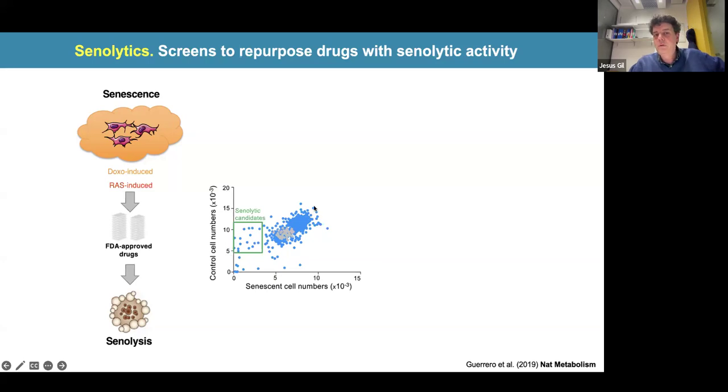Most of the drugs fall in this cloud, where the drugs are doing the same to senescent and non-senescent cells, and only a few fall in this quadrant. Those are the drugs that selectively kill senescent cells or reduce senescent cell numbers, but do not kill, or not so efficiently, the non-senescent cells.